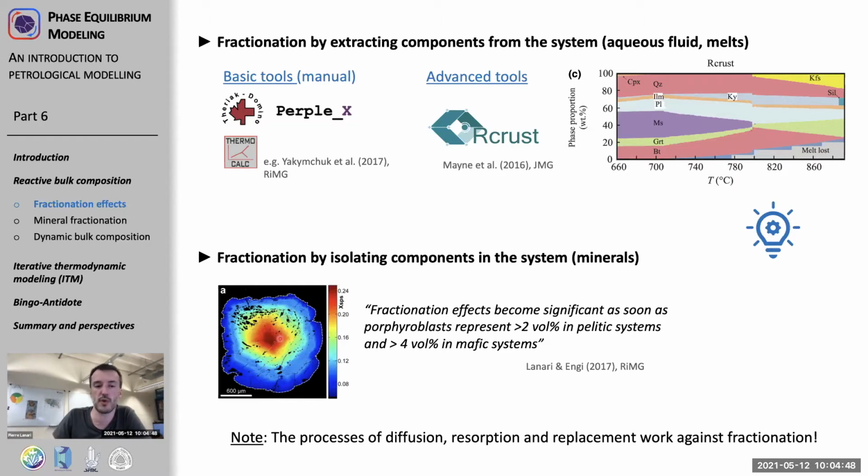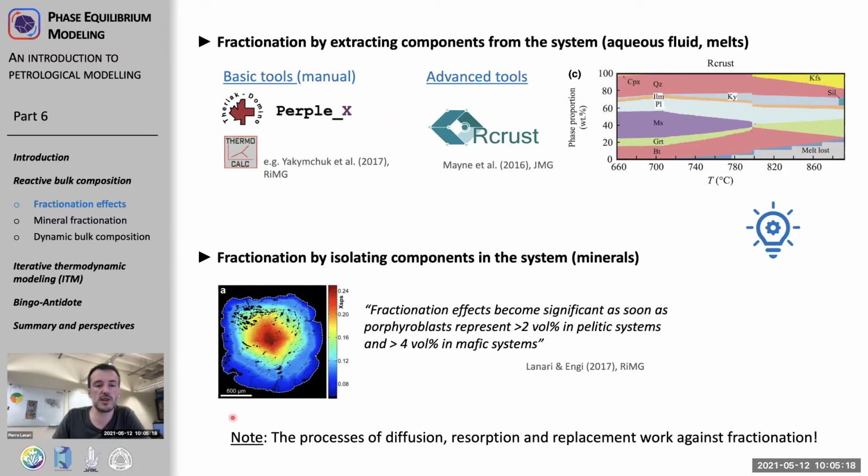As you do not re-equilibrate this garnet during metamorphism, you will fractionate and change the reactive bulk composition. We came up with a few figures in a recent review with Martin Engi, and we calculated that if you have a garnet porphyroblast that represents more than 2 volume percent in a pelitic system or more than 4 volume percent in a mafic system, then you might want to consider fractionation effects because they can become important.